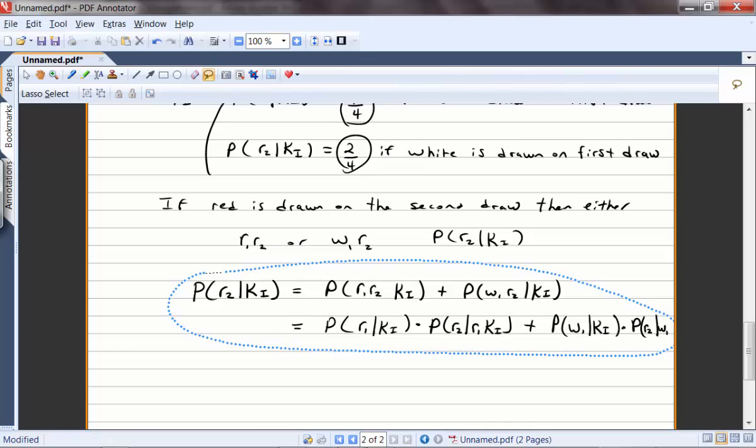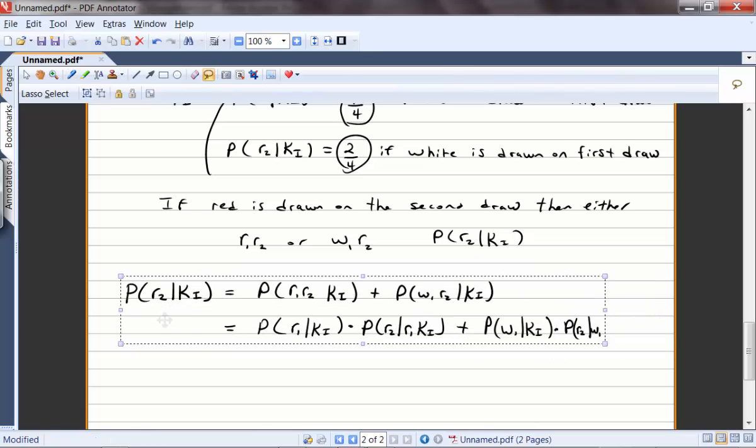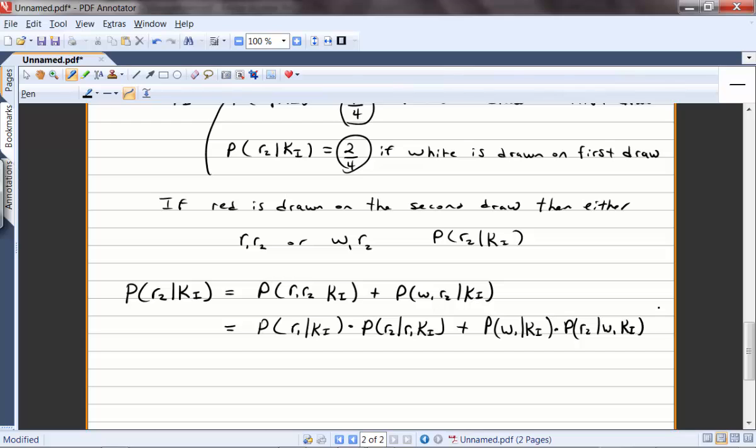Let's move this over. This is the fact that this equals this and that this equals this. It comes straight from the product rule for probabilities, which is derived in a freshman level probability class at the university.